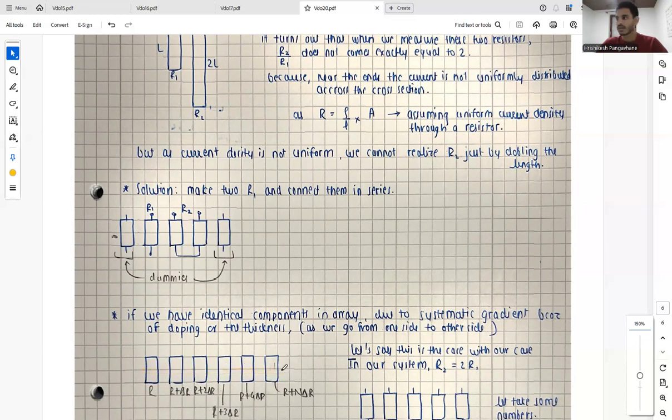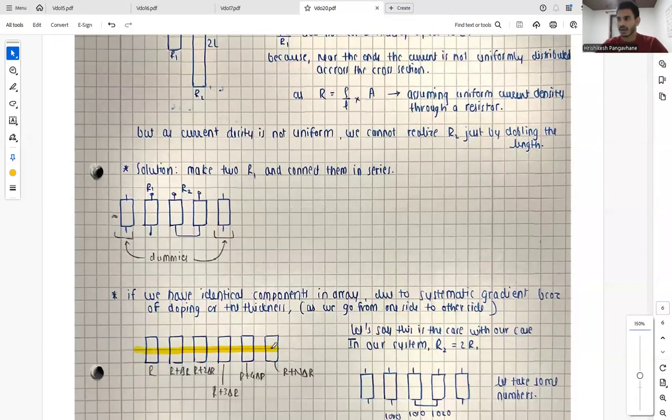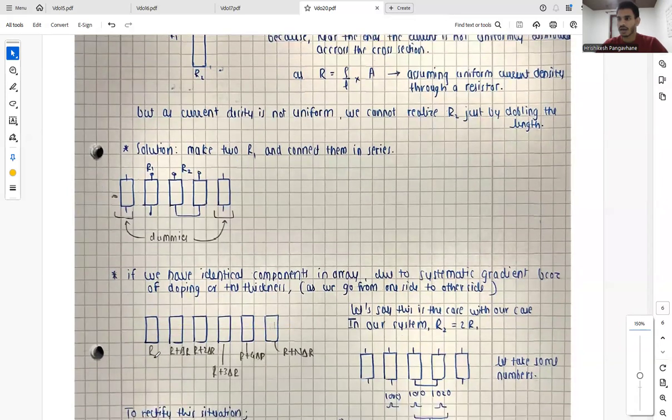Due to the systematic gradient, because of doping or thickness, as we go from one side to another, we have an increasing delta R. So let's say we have resistance R, then R plus delta R, R plus 2 delta R, R plus 3 delta R, and so on until the last one, which gives us R plus n delta R. This ascending error is caused by the systematic gradient, and the reason might be doping or thickness, whatever.